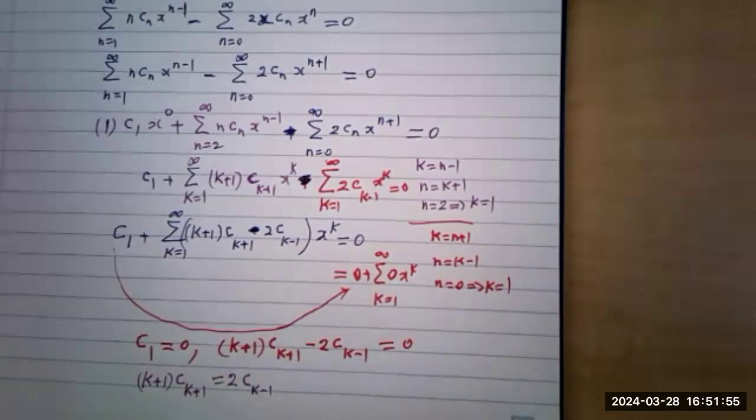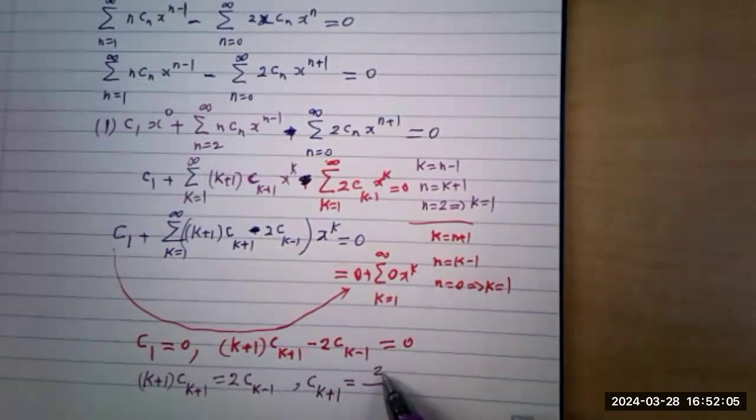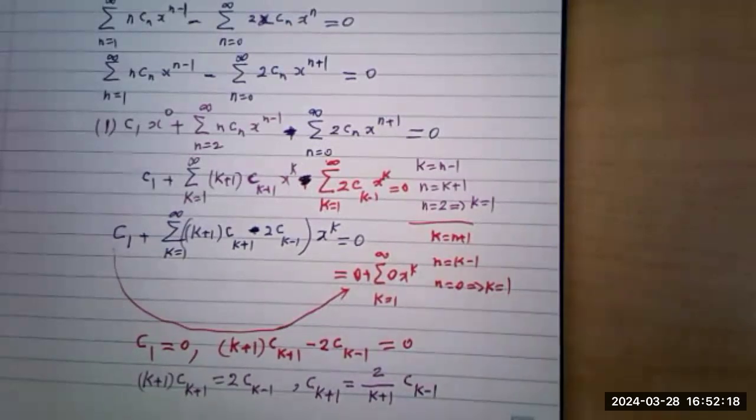Okay, solve for C_{k+1}. So that gives you C_{k+1} equal to, divide both sides by k+1, so that gives you 2 over k+1, times C_{k-1}.